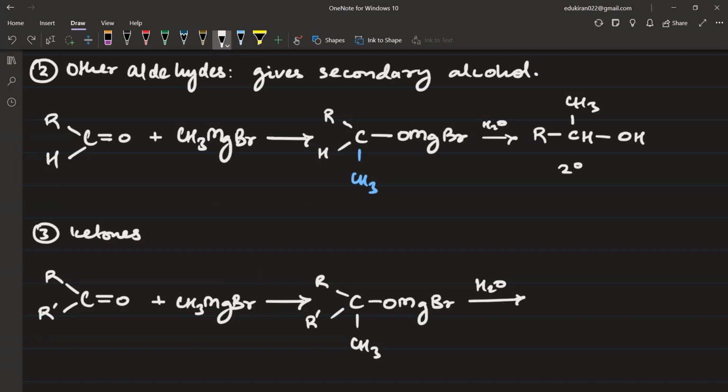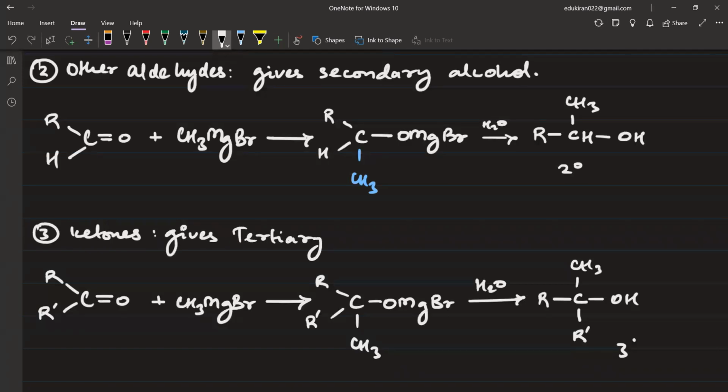So here I will be getting this R, and then a carbon atom attached with R dash, and then comes CH3 also, and OH. So this is a 3-degree alcohol. So ketone gives tertiary alcohols.